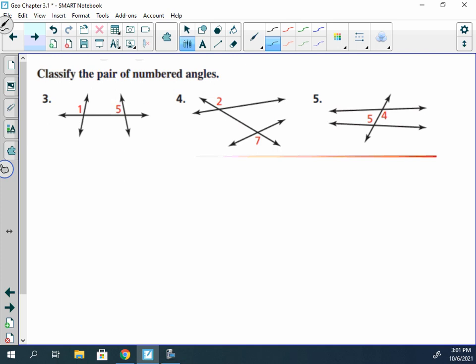No. One's inside, one outside, yes? Well, that takes out alternate interior, alternate exterior, and consecutive. So the only one that we have left is corresponding. And if we look at it, 1 is above the transversal and to the left. Where's 5? Above and to the left. They're both in the same place, yes? So it's corresponding angles.